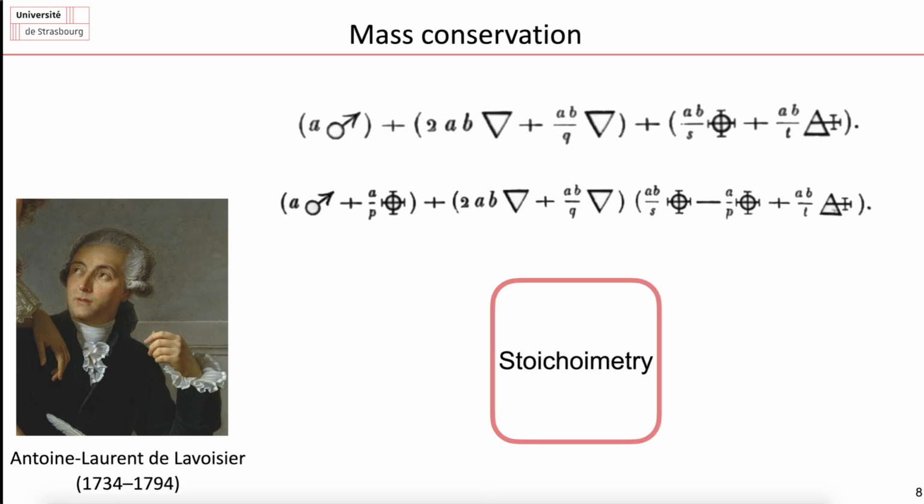So with the developments of Lavoisier in the second half of the 18th century, a very important concept was developed, which is totally obvious to all of us now, but at that time it was not, and that is the concentration of substances. So they started differentiating between reactivity and concentration.